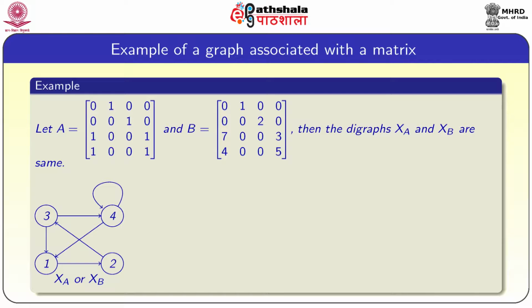This is the digraph for A as well as for B. Look at that, there is a self loop at vertex 4. It is because in A the (4,4) entry is 1, and in B also the (4,4) entry is 5, which is not equal to 0.